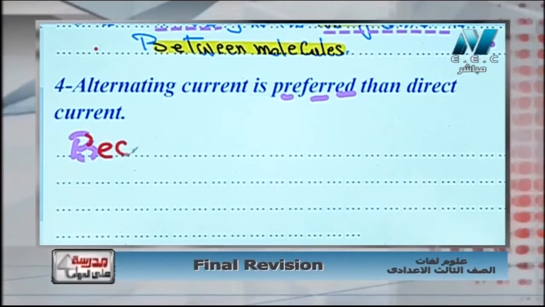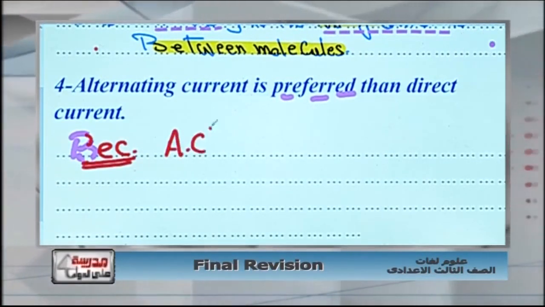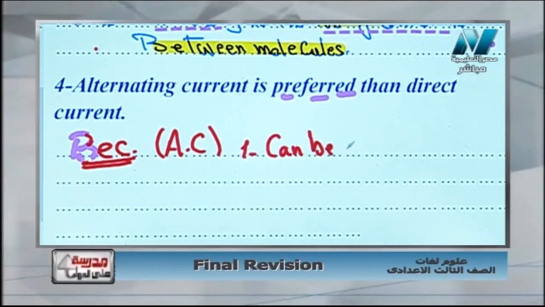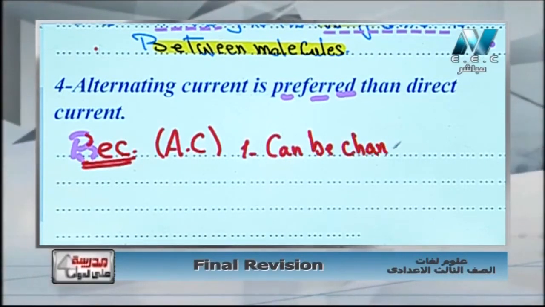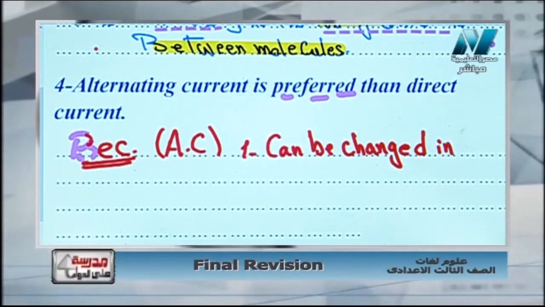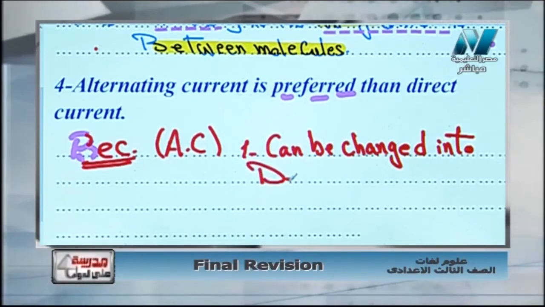Because AC, اللي هو alternating current, number one, can be changed into direct current or DC.